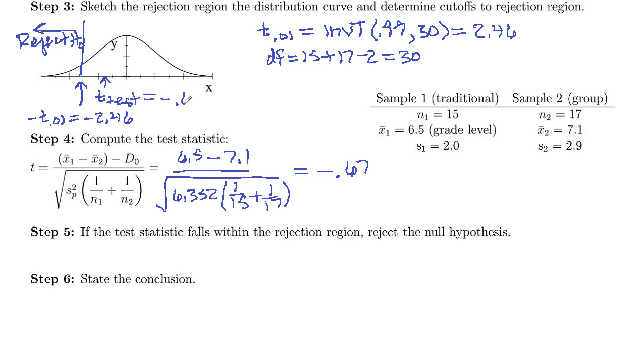And we can see that that is not in the rejection region. So step 5, our t-test here, which is negative 0.67, is greater than negative 2.46. So we do not reject H0.